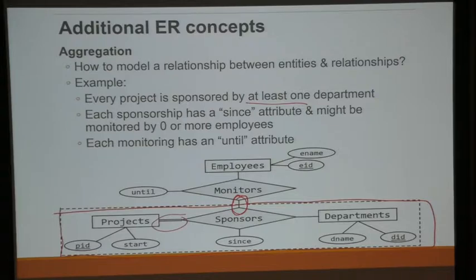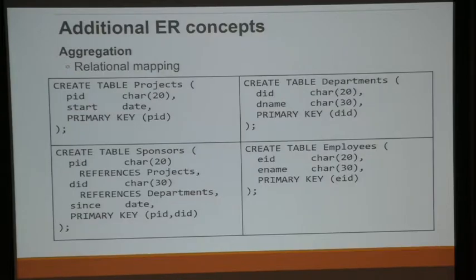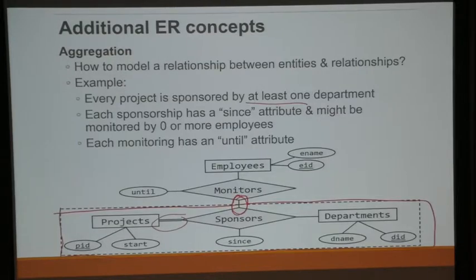Because it involves 5 sets, I'm going to show you the first 4 sets first. Okay, so you have a project, you have a department, you have the sponsors, and you have the employees. Right? And this already captures that big aggregation, as well as the employee table. Okay, what we haven't captured is just the monitors table.